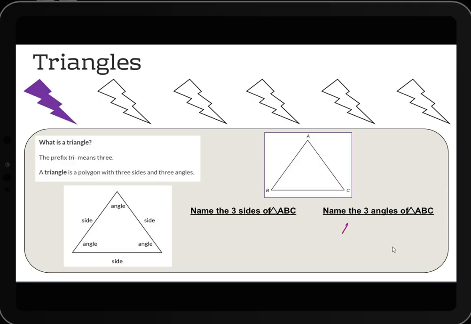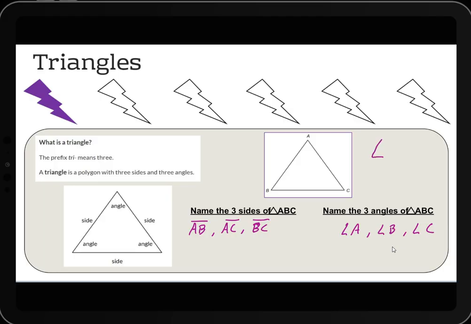So here we have angle A, angle B, and angle C. For the sides, we can state that AB is a side length, AC is a side length, and BC is a side length. You'll also notice I'm using the naming convention for segments: AB, AC, BC. I'm using the segment symbol and notation, and I'm also using the angle symbol.